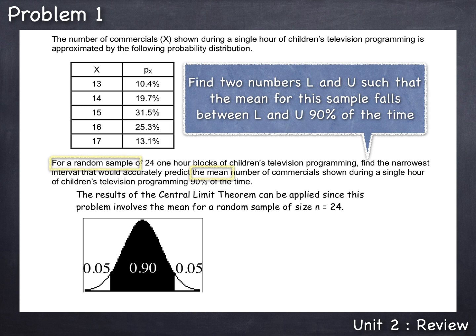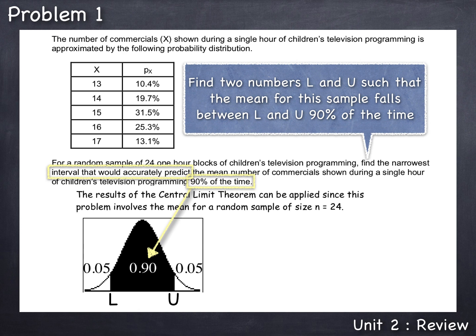Also, we're looking at the interval that accurately predicts this mean 90% of the time, which means the interval, from the lower number L up to the upper number U, must capture the middle 90%, or 0.90, of the bell-shaped curve. That means the remaining 100 minus 90%, or 10%, falls outside the interval.